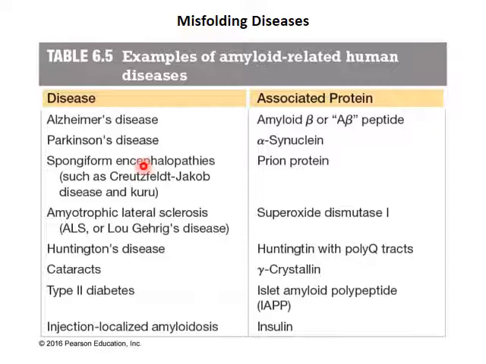Here's just a table describing some of those: Alzheimer's disease, Parkinson's disease, spongiform encephalopathy. You also have it in traumatic brain injury due to concussions.